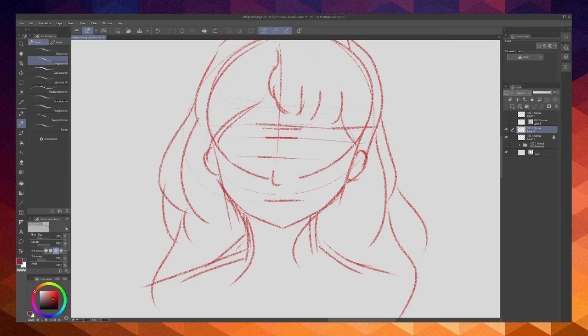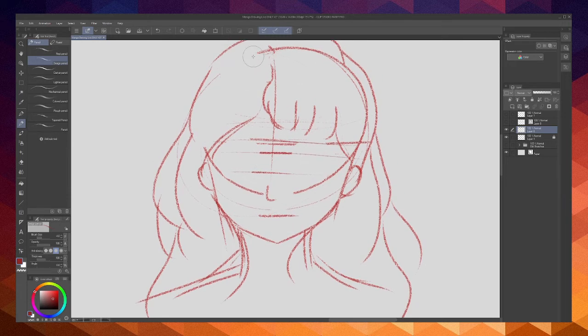Okay, so this is a relatively simple head. In fact, we're going to simplify it some more by getting rid of some of the construction lines, except for the ones around the eyes.